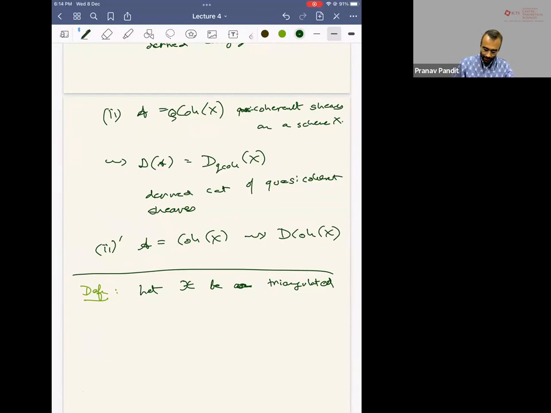Let X be a triangulated infinity category, also known as a stable infinity category. Okay, maybe just say stable infinity category. Let X be a stable infinity category, this is an adjective I've not introduced, with all colimits, with all homotopy colimits.